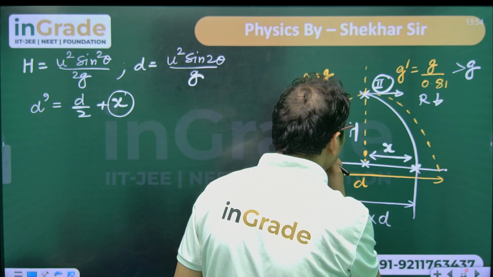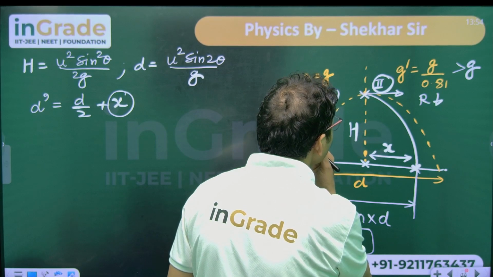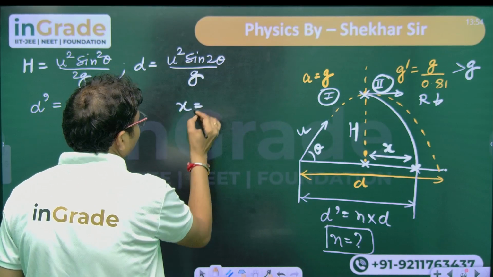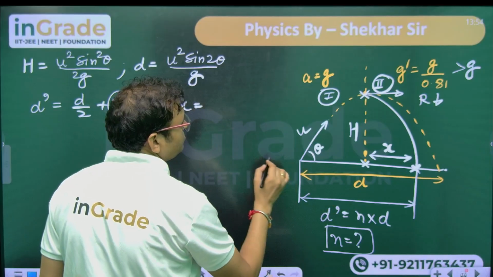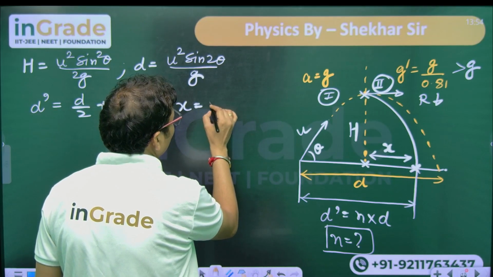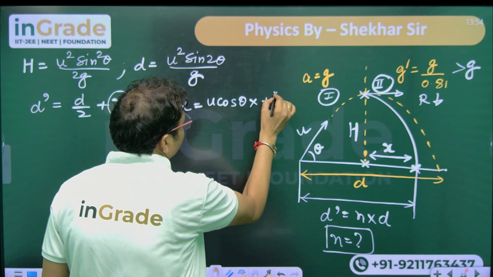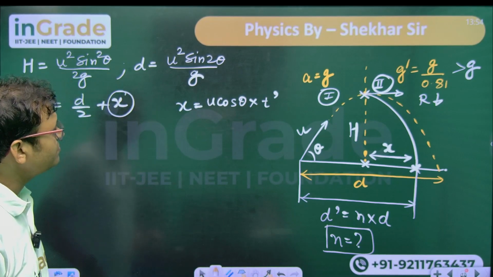The horizontal velocity does not change. So x is equal to u cos theta into t dash.